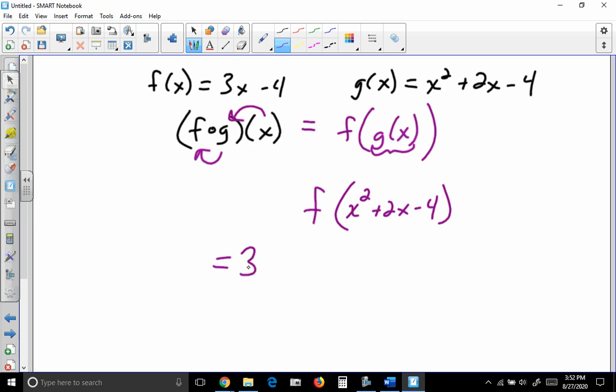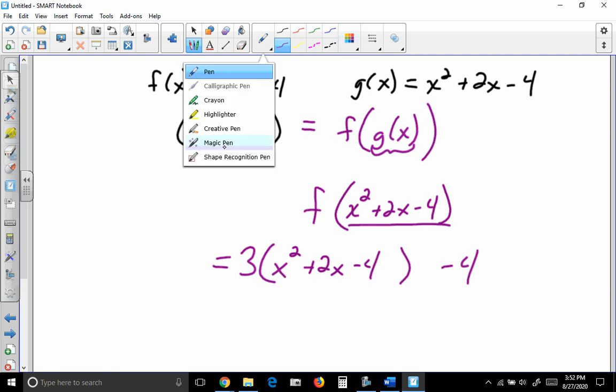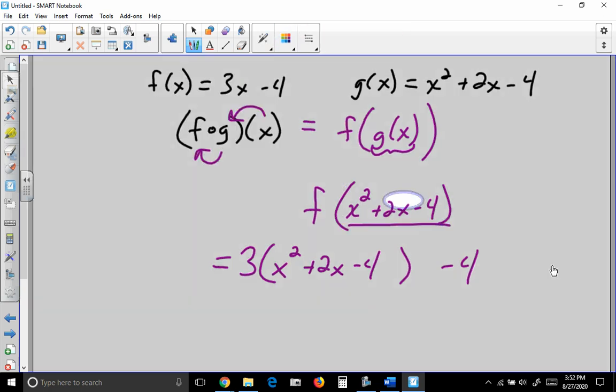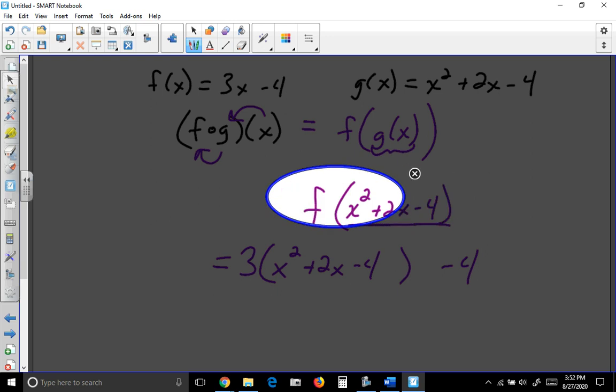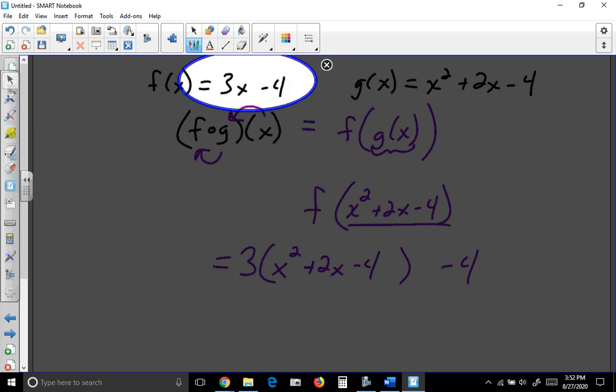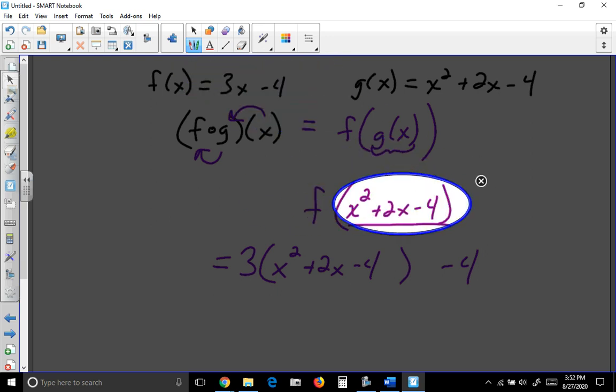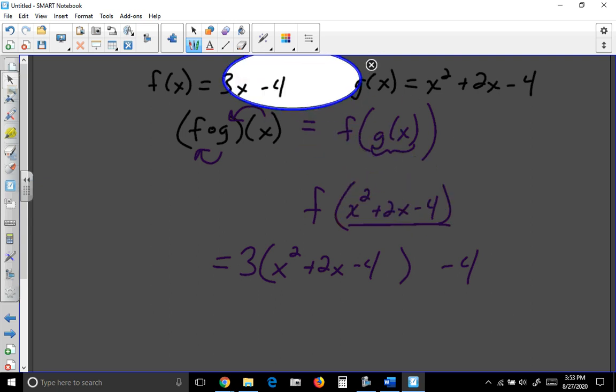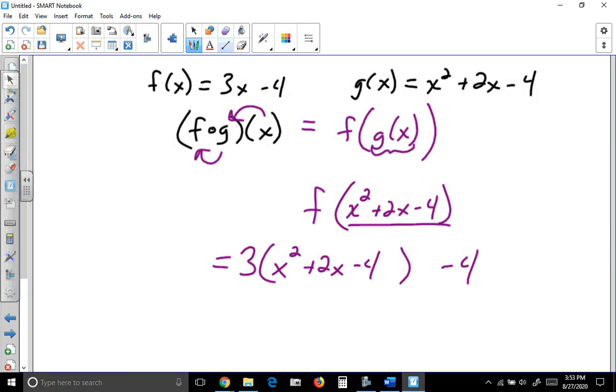So f is 3 times our input minus 4, where our input is that whole expression, x squared plus 2x minus 4. We're plugging that whole expression into the function called f. So 3 times that input, and then take away 4.